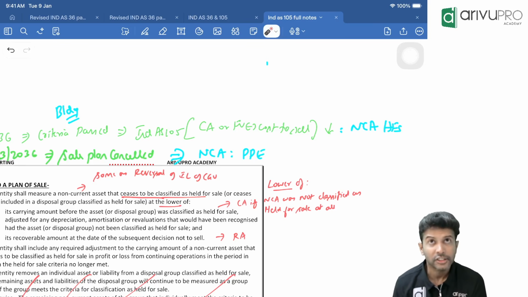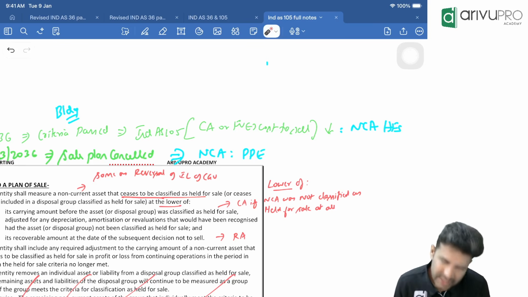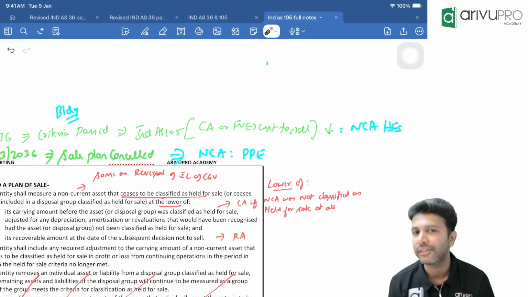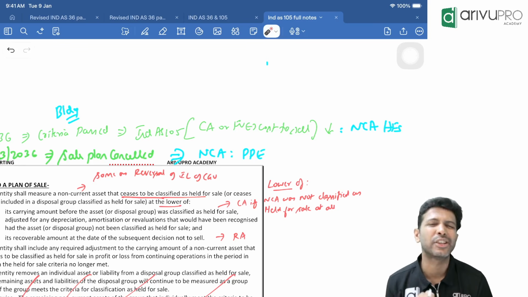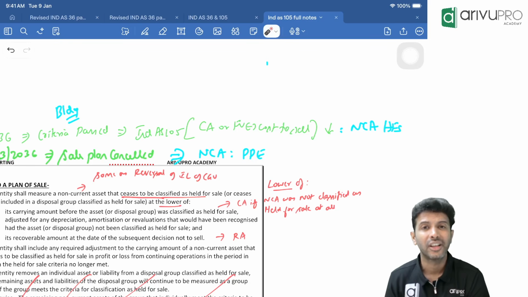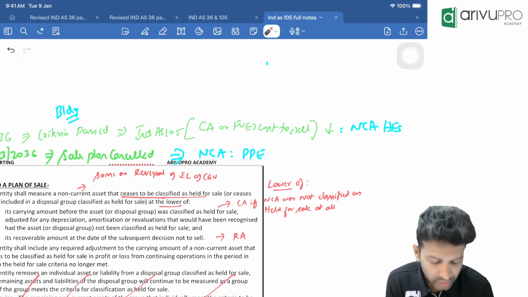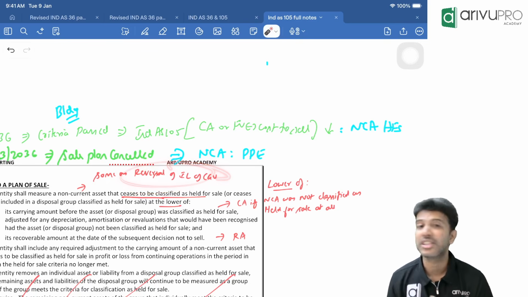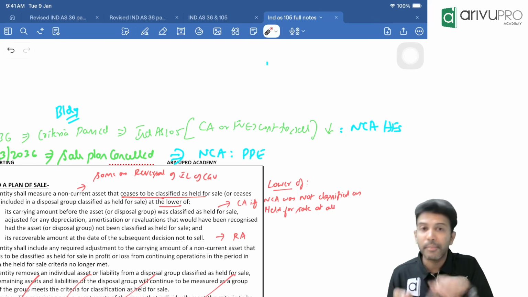First point is that. Sir, is there any impact in value? Yes. If your sale plan has got cancelled, if you no more have an intention to sell it, even the measurement should be changed. This is the same as, for our remembrance, the rules for reversal of impairment loss for a CGU.